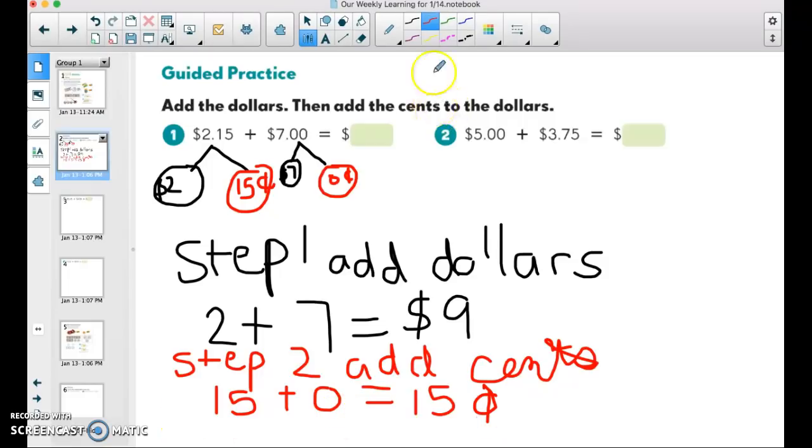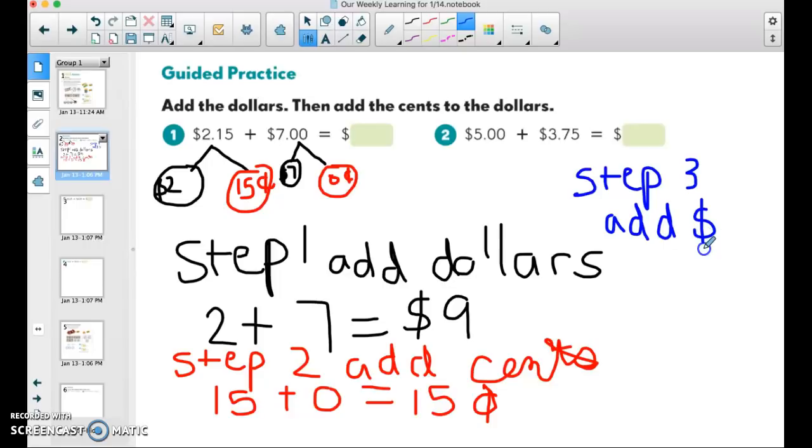Now, step 3 is going to be putting them together, okay? Step 3, add your dollars and your cents. Your dollars plus your cents. So my dollars is 9.